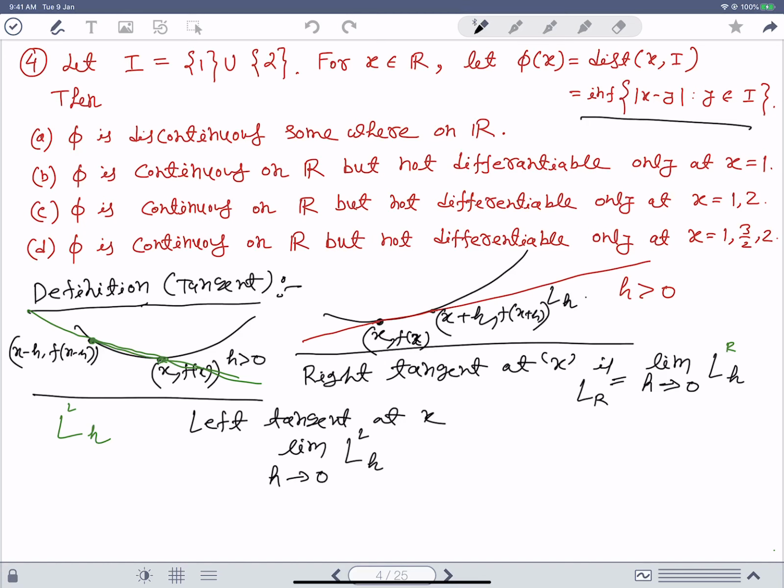You will have many lines, and you just take h tends to 0, then you will have a single line. If that exists, then this is called a left tangent.